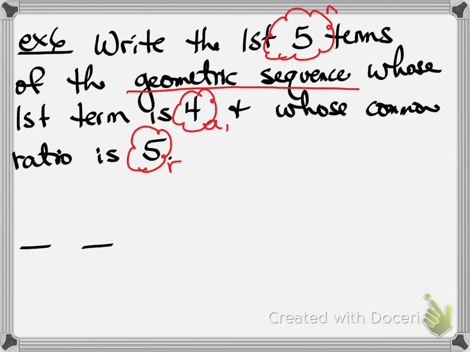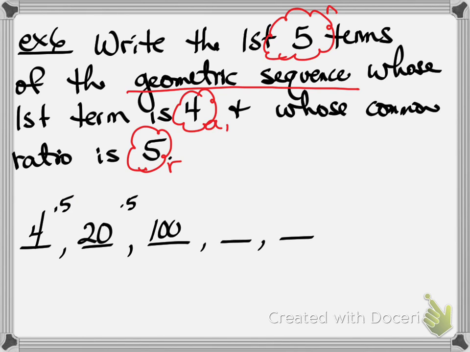I'm going to do my 5 blanks. And we know the first one is 4. If my common ratio is 5, I'm going to multiply. And that's how we get those first 5 terms. So it works super similar to the arithmetic, except we're multiplying.